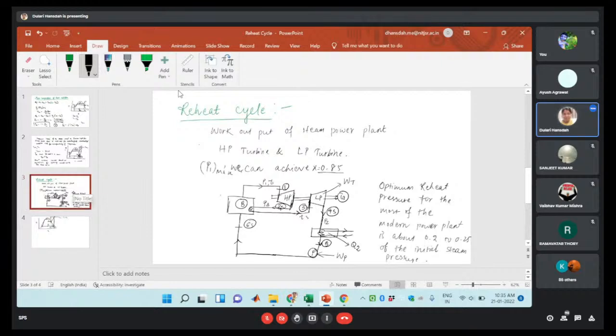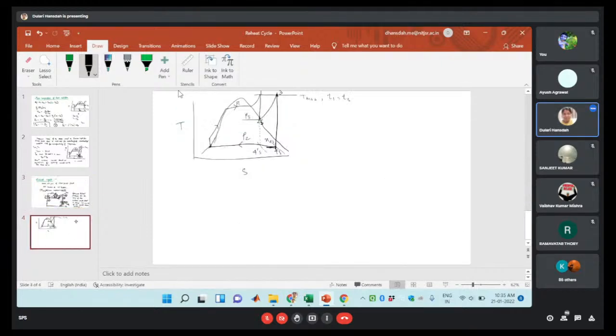Five, six. So this is your TS plot, and if you are drawing the HS plot, it will look like this.